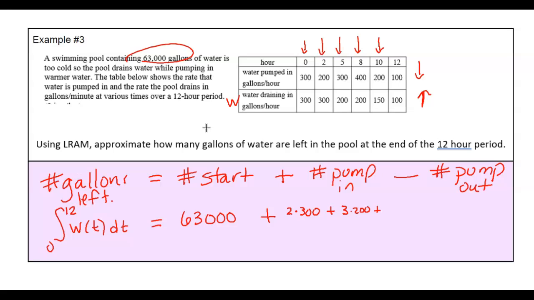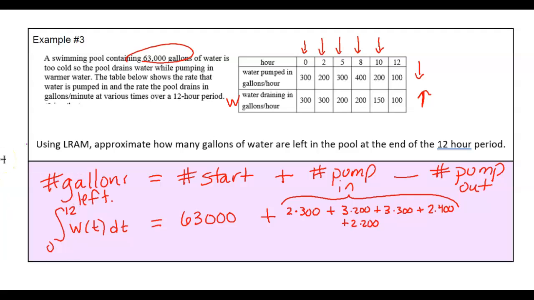And then from 5 to 8, its width is 3 times, we're going to use 300. And then, so 0 to 2, 2 to 5, 5 to 8. So then 8 to 10, we get 2, and it's the 400. And then plus from 10 to 12, that's 2 wide, and its height is 200. Okay, so this is all being pumped in.